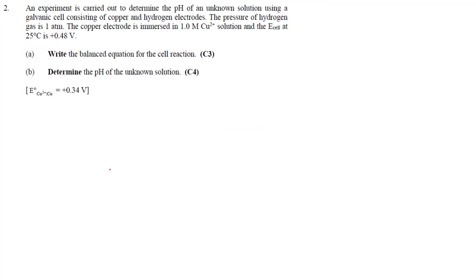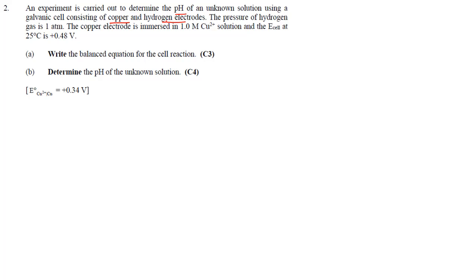Okay, alright. So this is another question whereby we will still apply the Nernst equation. It says here an experiment is carried out to determine the pH of an unknown solution using a galvanic cell consisting of copper and hydrogen electrodes.